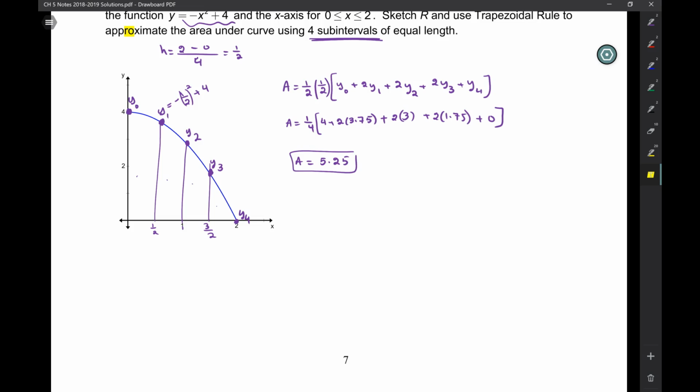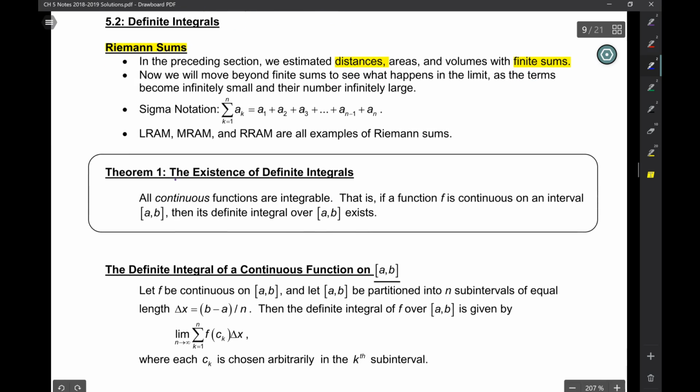Does it get bigger or smaller? Almost 0. Smaller and smaller until it's almost 0, right? If I have an infinite number of these, each rectangle has a width of almost 0. So as we do that, the terms will become infinitely small and their number will become infinitely large.